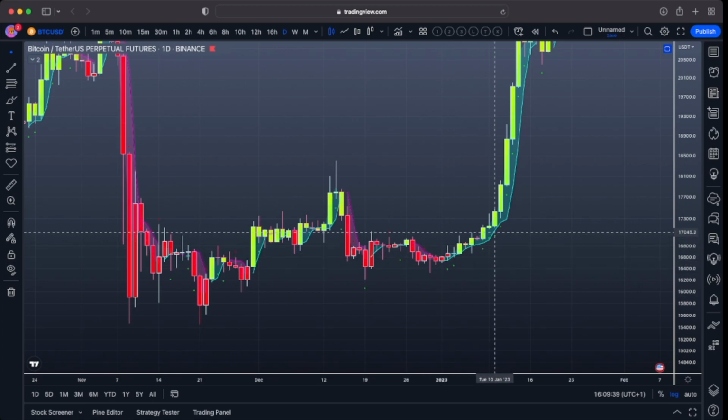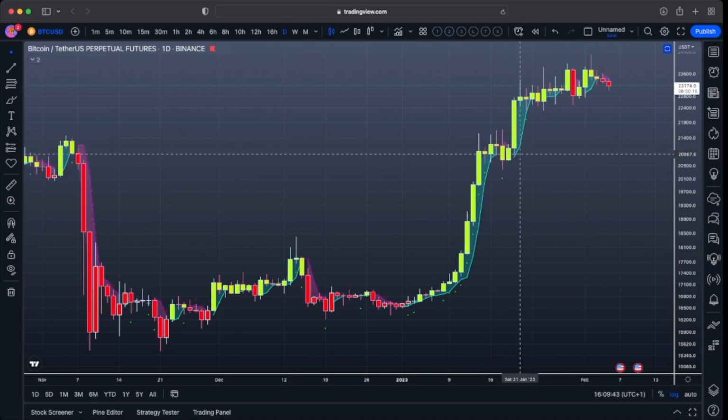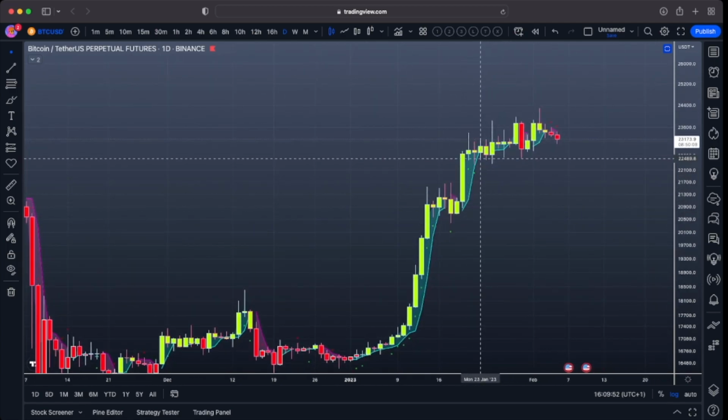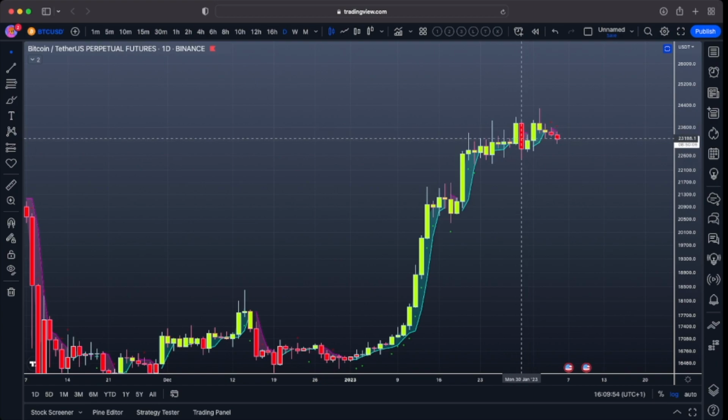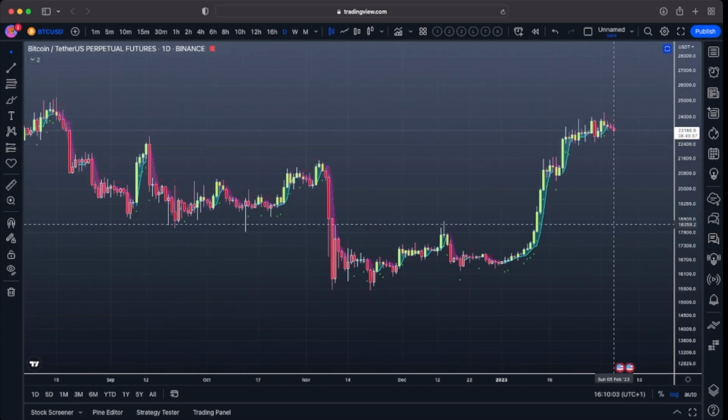And the trend was also green, and we pumped to the upside. We had the red cross, but the green dot. So mixed signals here, and still the green candles, and we continued up. Here we have the first sign of weakness, kind of invalidated, but as you can see, we are sliding down already here again. So basically, this is another way to use it.